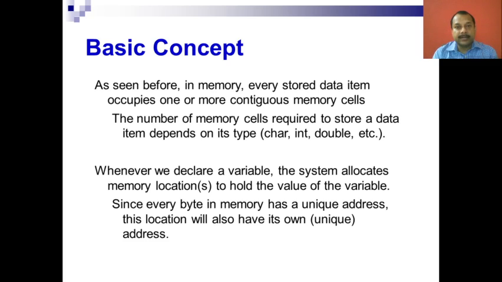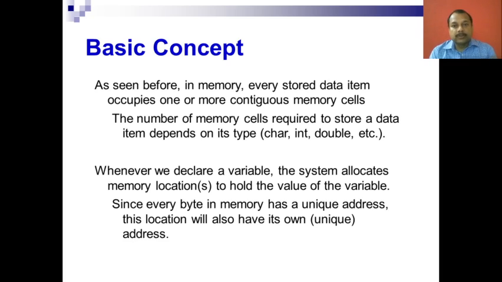If it is integer type, then 4 bytes are required usually, although in some systems you may find 2 bytes are required. If it is float, then 4 bytes are required, like that. Now similar to that, whenever we declare a variable, the system allocates a memory location to hold the value of the variable. Since every byte in memory has a unique address, this location will also have its own address.